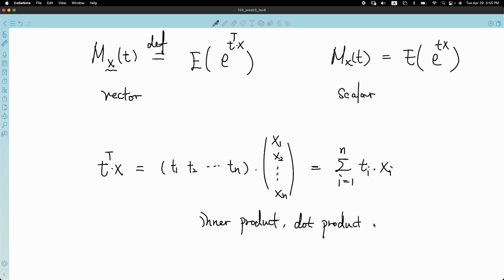Usually that is what people are referring to, the t transpose x for vectors. Here a vector multiplied by a vector, you will end up with a scalar. Okay, any questions, comments?